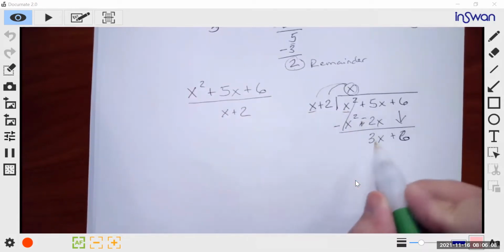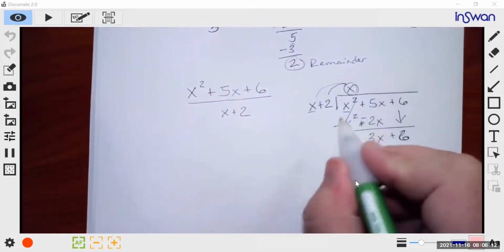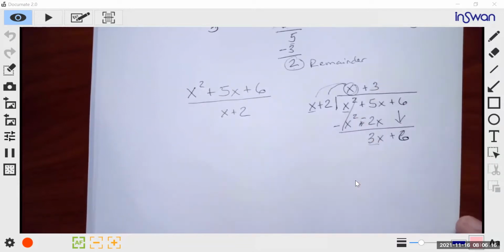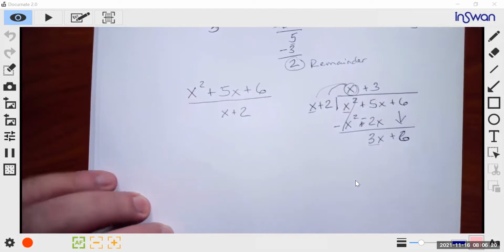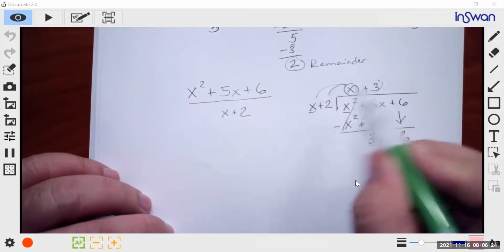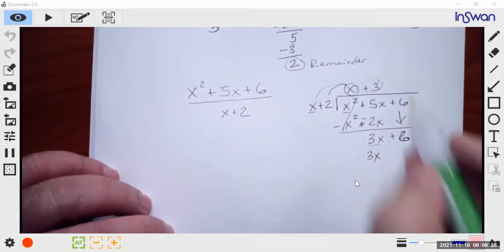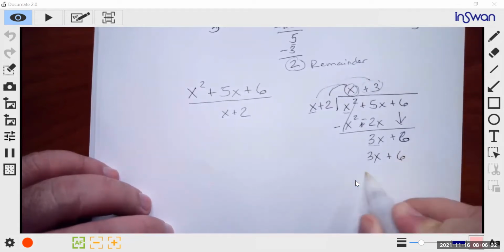What times x gives me 3x? 3. A positive 3. So we do a positive 3. Signs are important. If that was a negative, we have to put a negative 3 up there. So we take this number. Positive 3 times x is positive 3x. Positive 3 times positive 2 is positive 6.